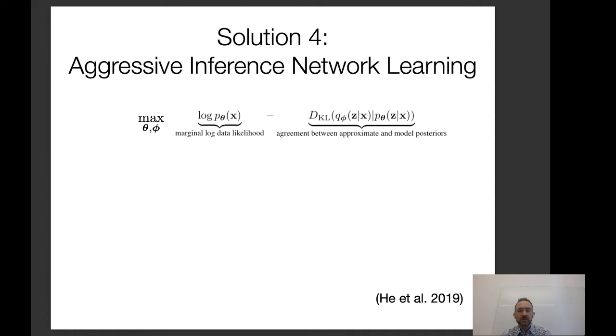Another solution, the final one I'm going to talk about, is aggressive inference network learning. The idea here is that the inference network, Q, actually falls behind the actual posterior.